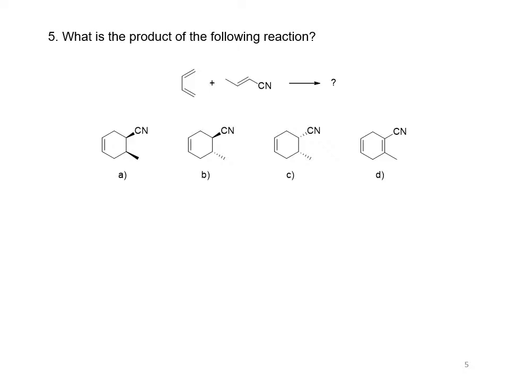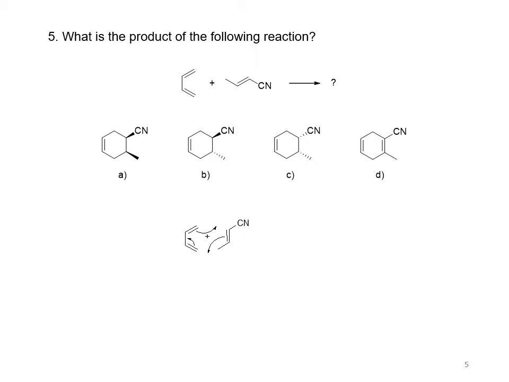Next question is, what is the product of the following reaction? And in this case we have a Diels-Alder reaction. So what you're supposed to do is draw 2 reactants vertically with their carbon chains pointing vertically, so that you can push arrows clockwise, counterclockwise to form bonds of cyclohexene ring that will be formed, and then that way you can figure out the reaction product.